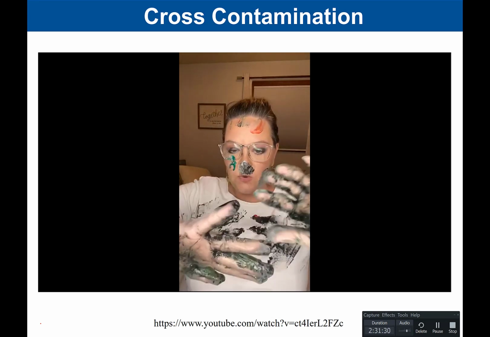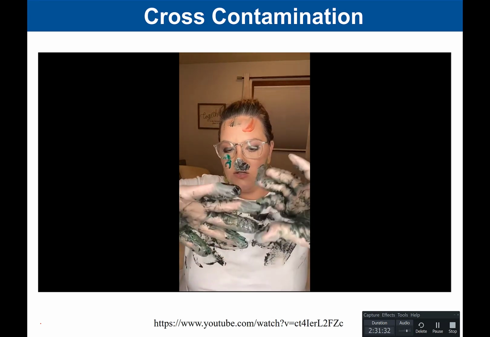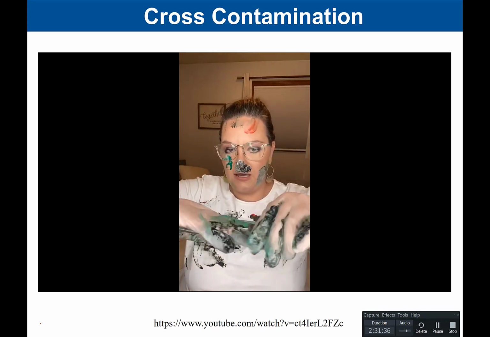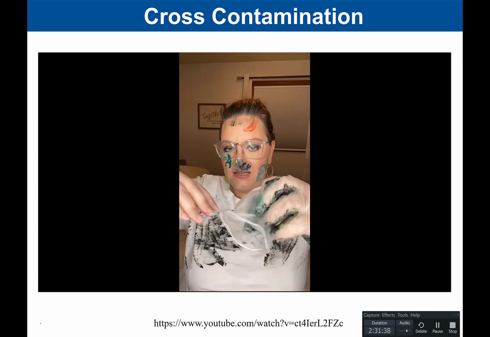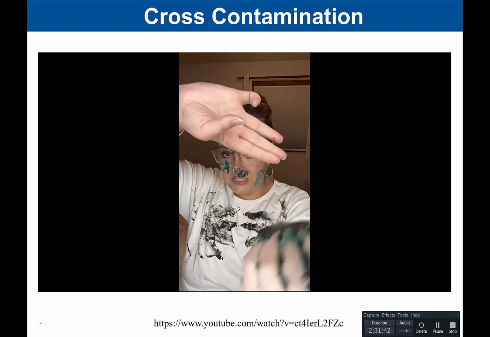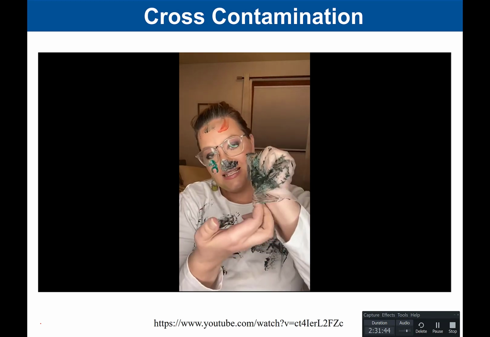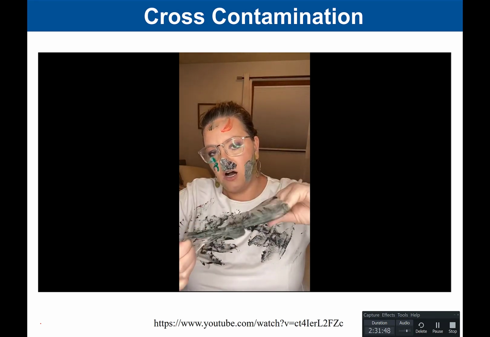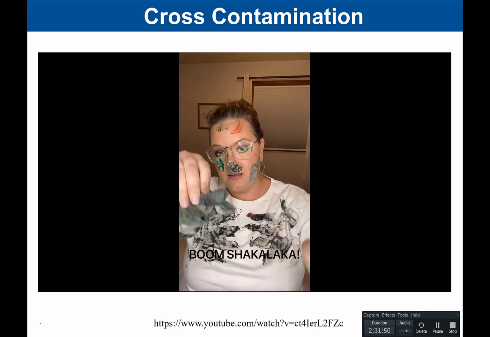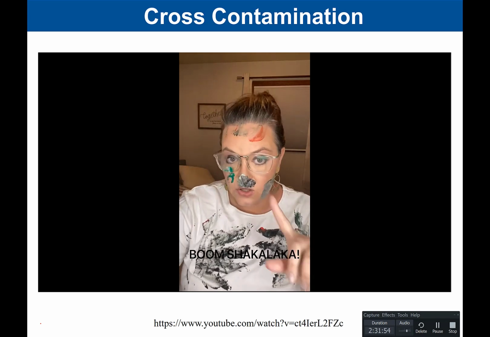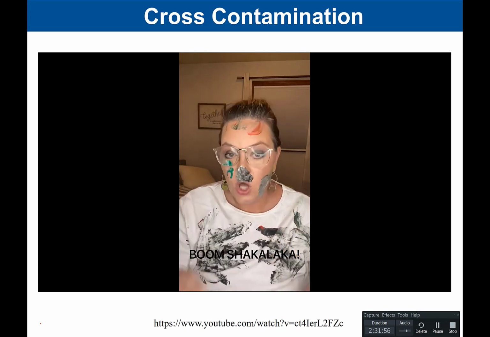One correct way: you take your non-dominant hand, pull your fingers out, grab that glove, and put it in here. Now take your clean hand, put it inside the cuff so you're never touching the outside of the glove, and pull it off. Dispose. This is the inside of the glove. I'm never touching the outside of the glove. There's only one correct way to do that.